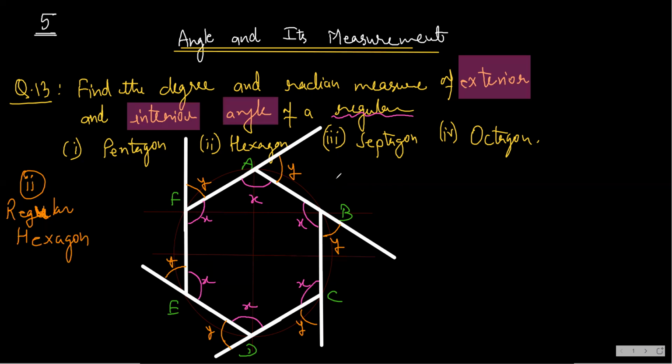Now, what is the question? The question is to find the degree and radian measure of exterior and interior angle. We have to find the values of x and y.